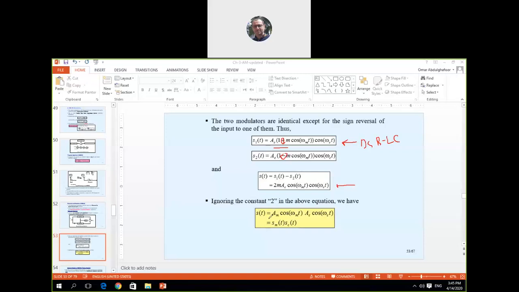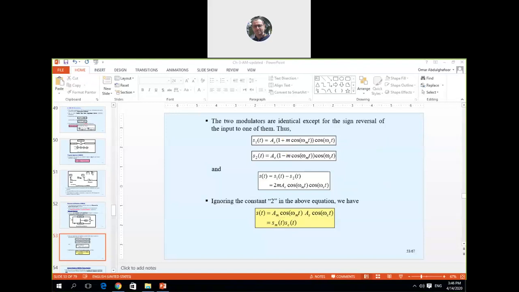Then the generated result will be AM cosine omega MT AC cosine omega CT, which is double sideband suppressed carrier.